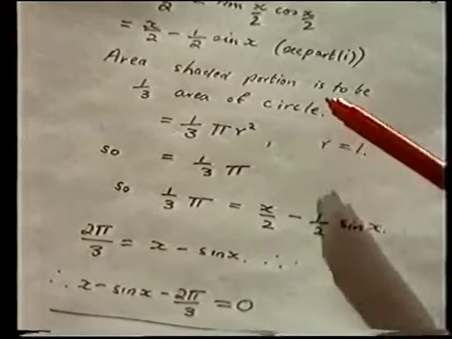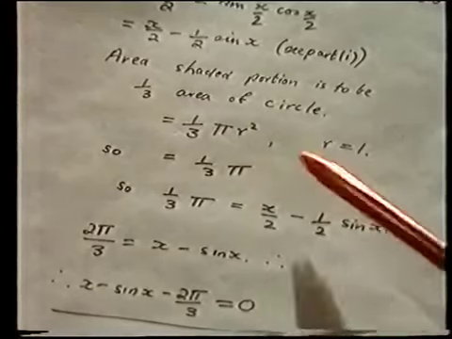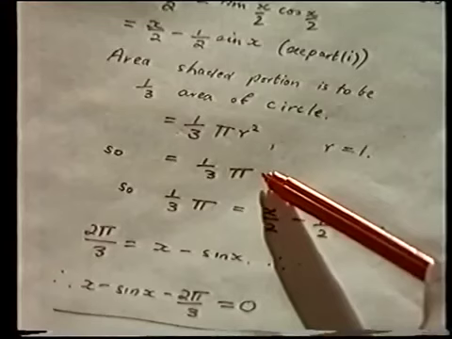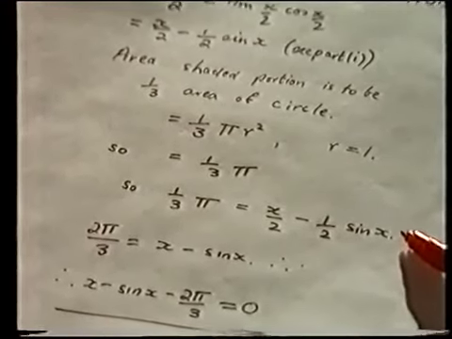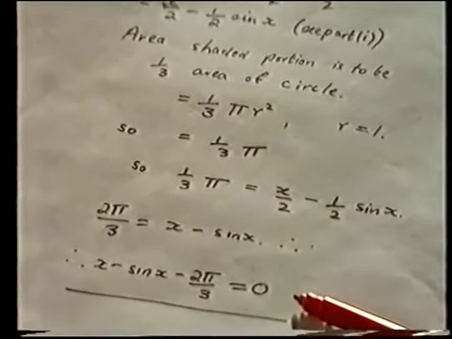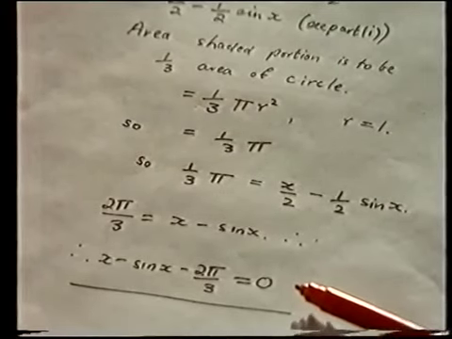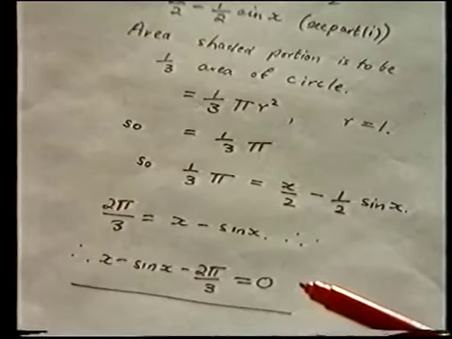Well, it's a third of the area of the circle, so it's a third pi r squared, but the radius r is 1, so it's just a third pi. Well, that gives the student this equation. And now multiplying each side by 2 and simplifying gives us the equation x minus sine x minus 2 pi by 3 equals 0, which is just what you're asked for.